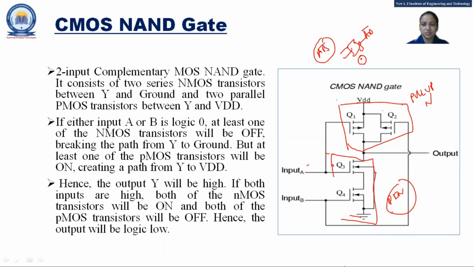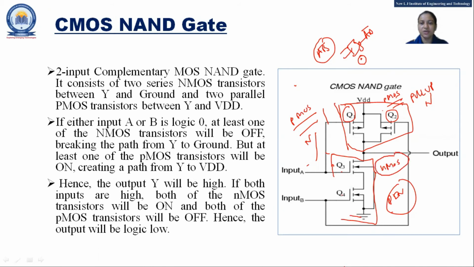So for the dot product, the PMOS transistors are connected in parallel and the NMOS transistors are connected in series. You can see Q1 and Q2 are connected in parallel, forming the PMOS network. The next, Q3 and Q4, are in series connection. This is our NMOS configuration.